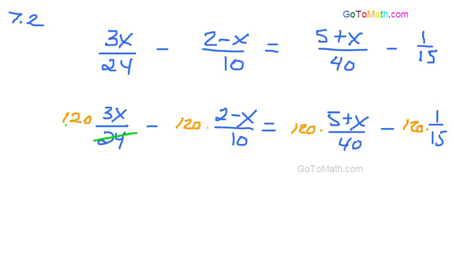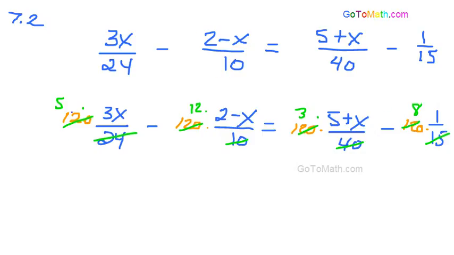So 24 goes into 120 5 times. 10 goes into 120 12 times, and 40 goes into 120 3 times. And then 15 goes into 120 8 times.